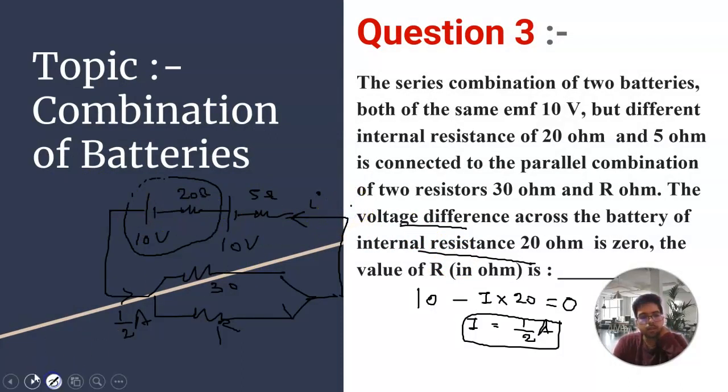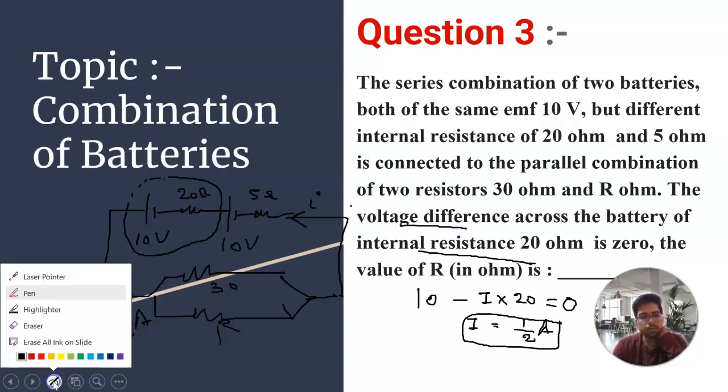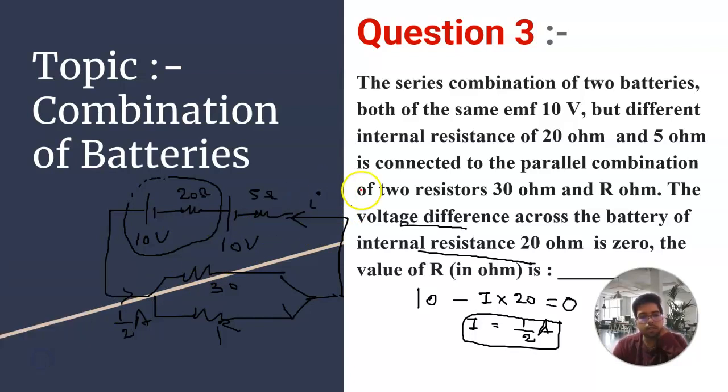Take this as A, B, and this as C, D, E. I will apply Kirchhoff's law to find I1, because I want I2 so that I can get the value of R.